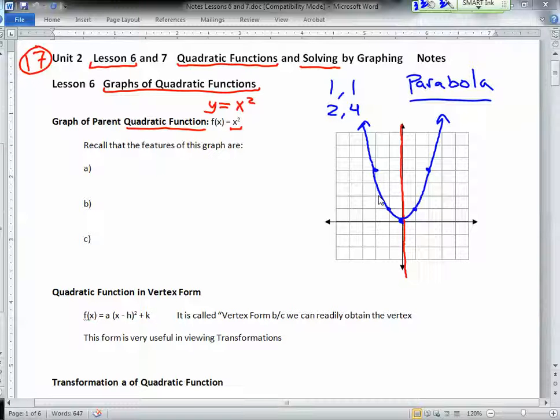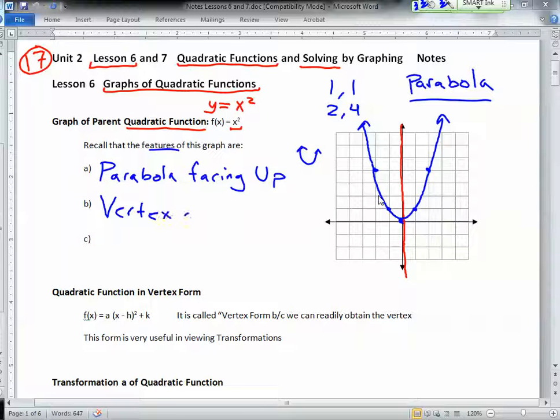So what are the features of this graph? This is what we call our parent function. This is the classic quadratic function. We have a parabola facing up, that means it's like a U. The vertex is at the origin, which means it's at the point 0, 0.